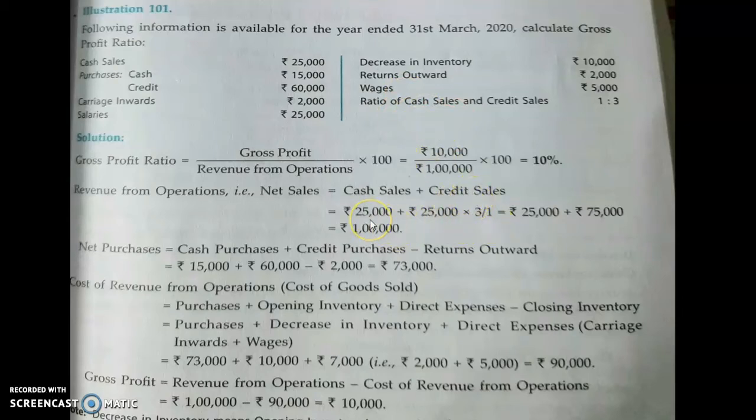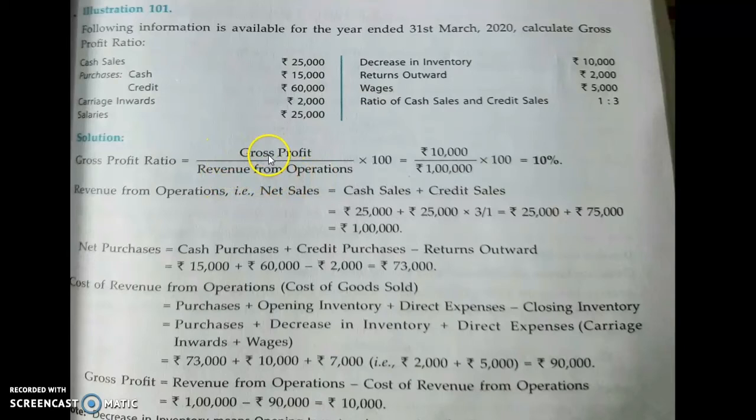So cash sales 25,000 plus credit sales, which is 25,000 into 3, that will give you 75,000. Adding cash sales with credit sales, you will get 1 lakh as your revenue from operation. So this part of your answer is clear.